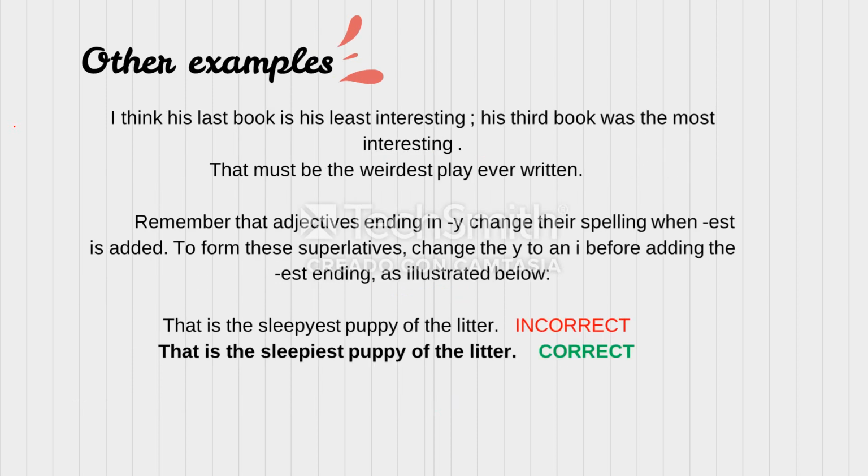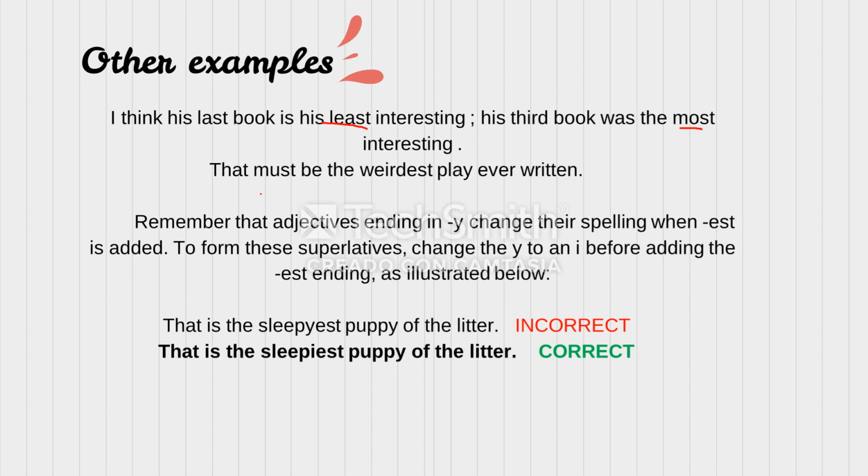Other examples. I think his last book is his least interesting. His third book was the most interesting. We're using the words least and most because we have a long adjective that is interesting.